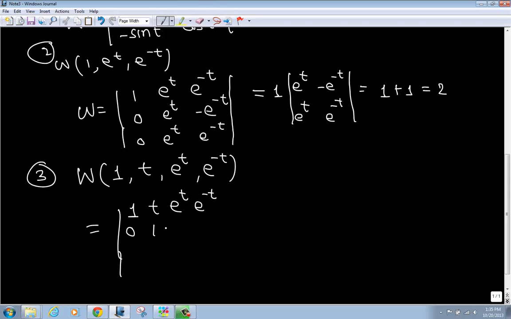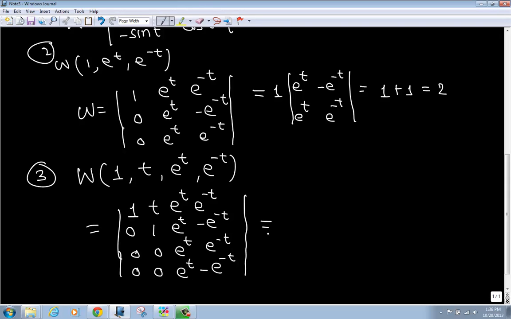So 0, 1, e to the t is the same thing, minus e to the negative t. In the third row we write down the derivatives of the second row. So 0, the derivative of 1 is 0, e to the t, minus and negative is positive e to the negative t. And finally in the fourth row find the derivatives. So 0, 0, e^t, minus e to the negative t.